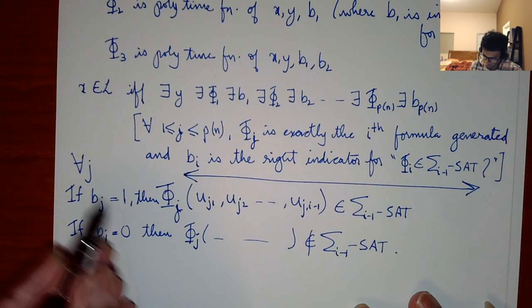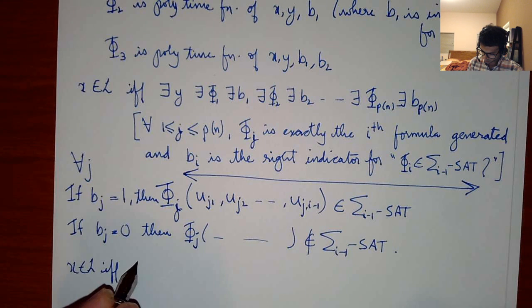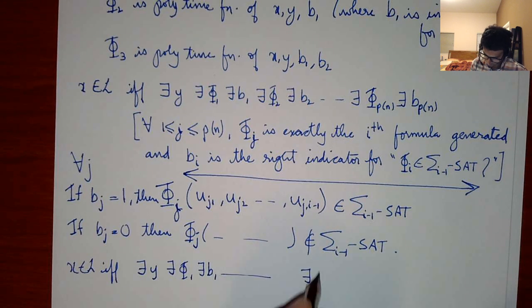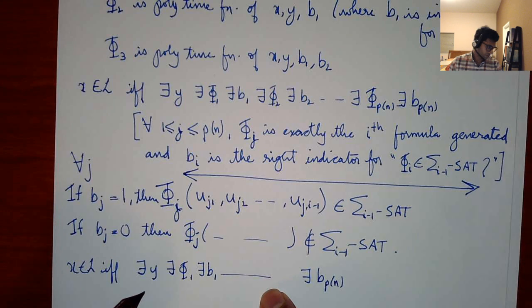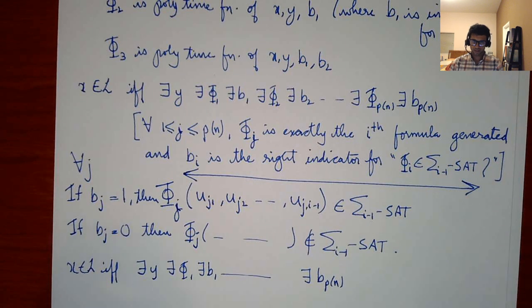So the way that I'm going to do this is I'm going to say x is in L if and only if there exists a y, there exists a phi1, there exists a b1, up to b of p of n, such that now I can start making my queries in here.